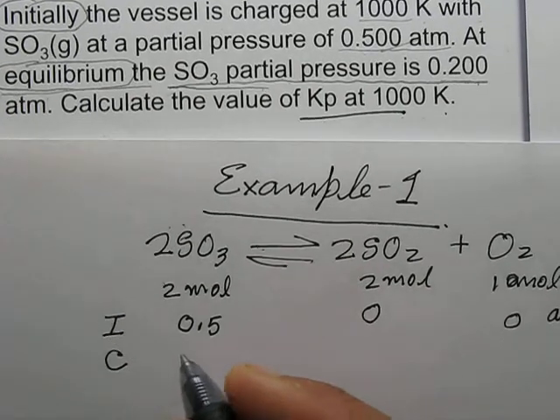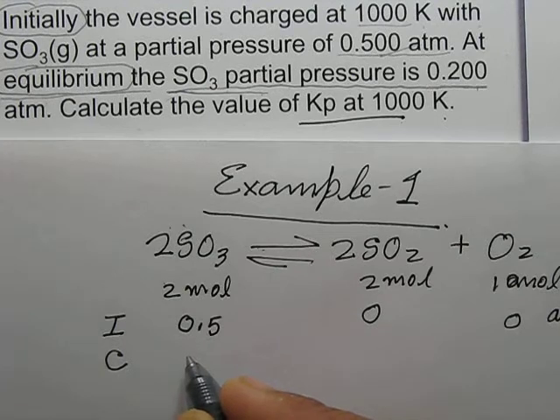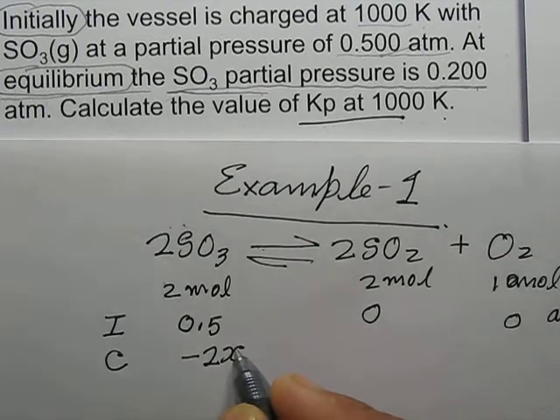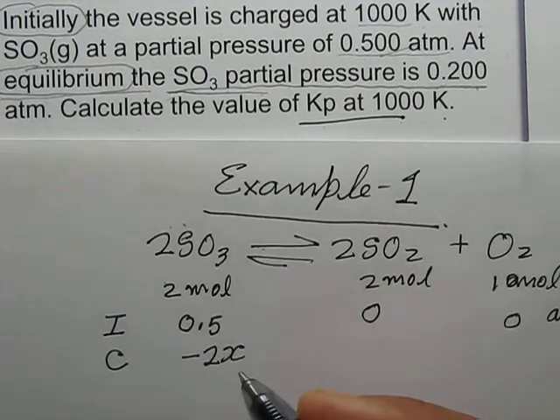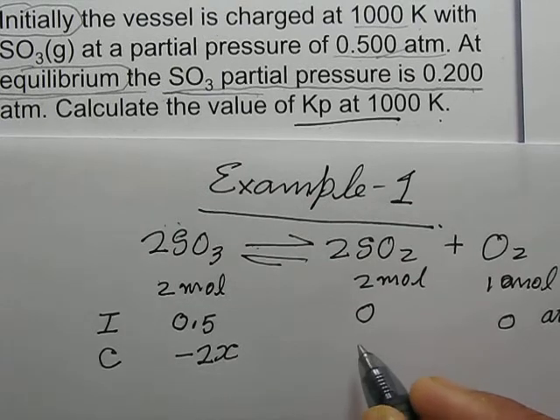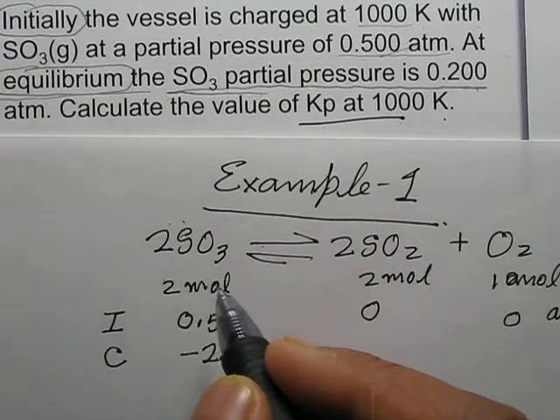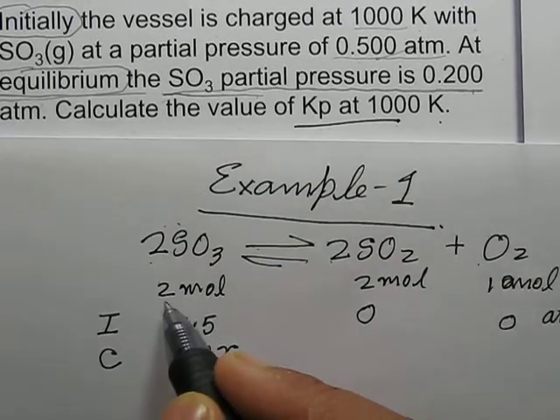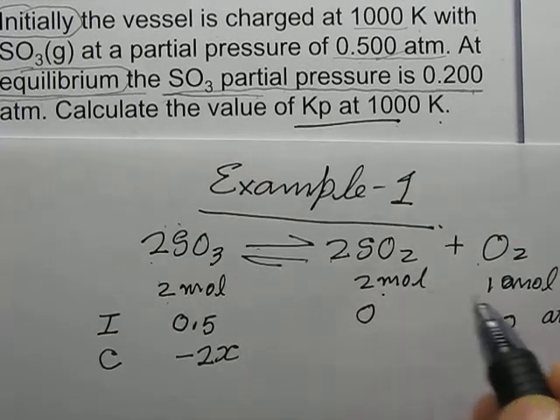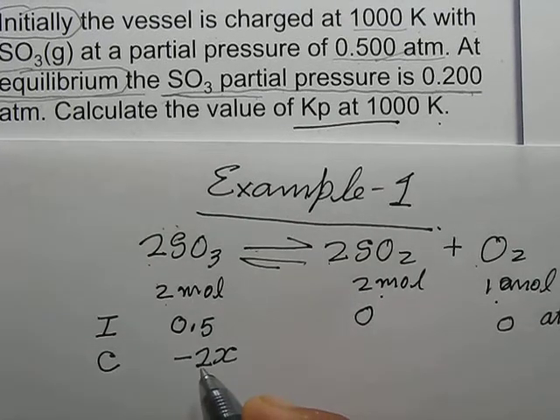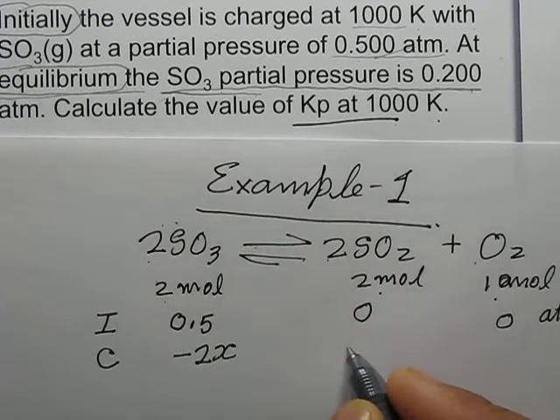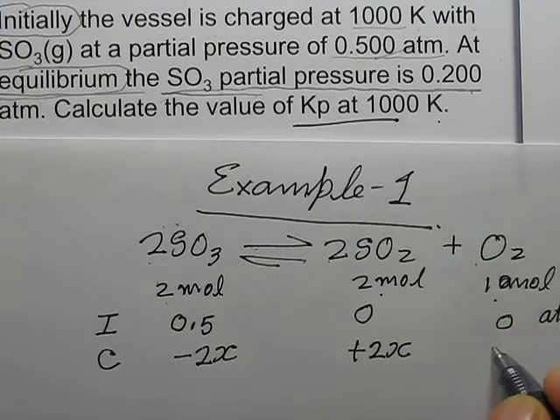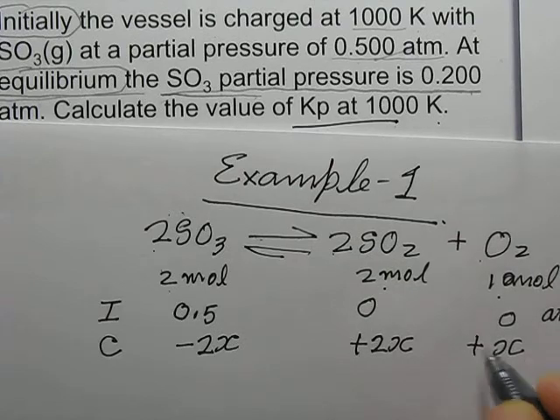So for example, if we consume 2x amount of SO3, we will form 2x of SO2 and x of oxygen, based on the stoichiometry of the reaction, with coefficients 2 and 1. So 2 moles consumed will form 2 moles of SO2 and 1 mole of oxygen. Similarly, if I consume 2x, I will form plus 2x of SO2 and plus x of oxygen gas.